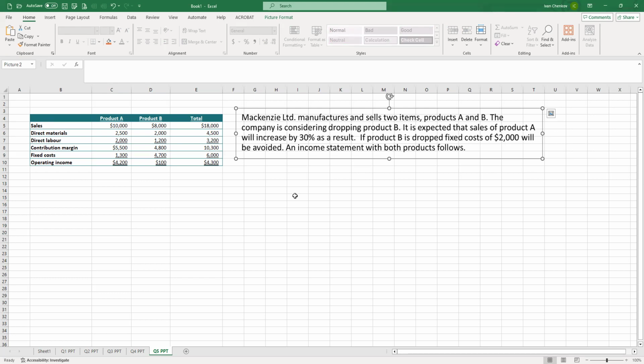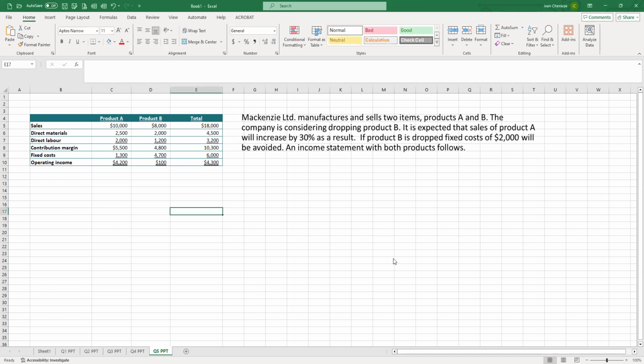And we have this income statement. What is the impact that dropping product B will have on the monthly operating income? That's what we want to find out.